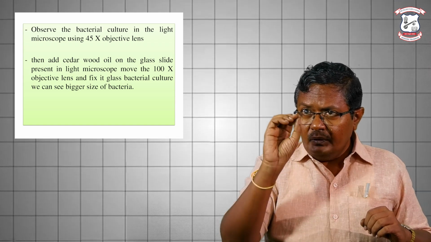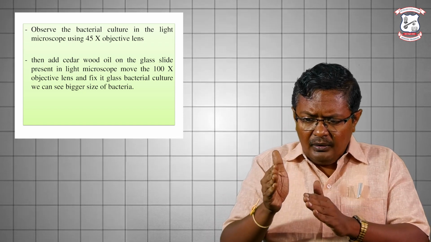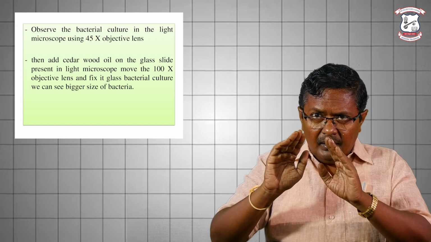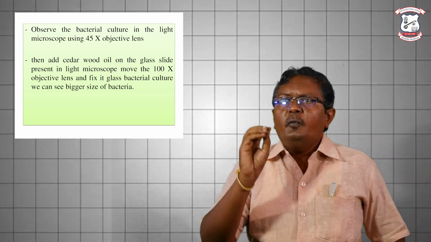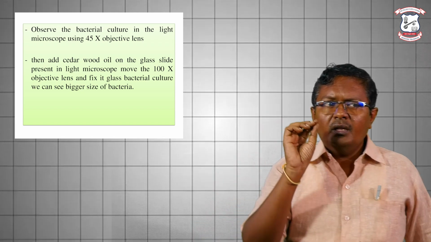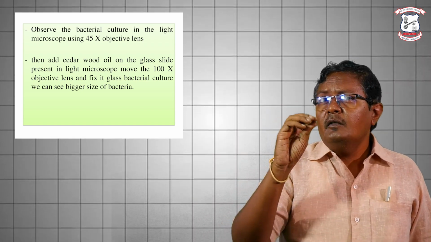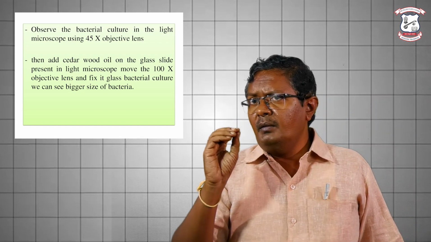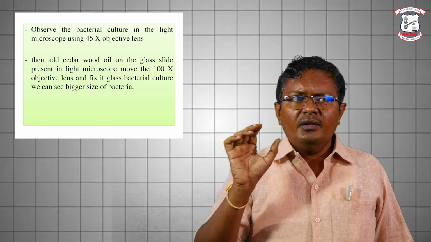But when you move to the 100x objective, you have to move it to the glass slide and fix the bacterial culture. We can see a bigger size of bacteria. It will be more comfortable to read the result.